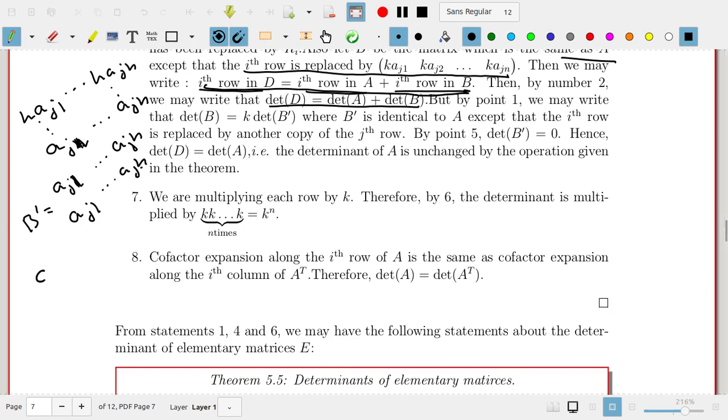I know that the determinant of V prime is 0 because the ith row and the jth row are the same.